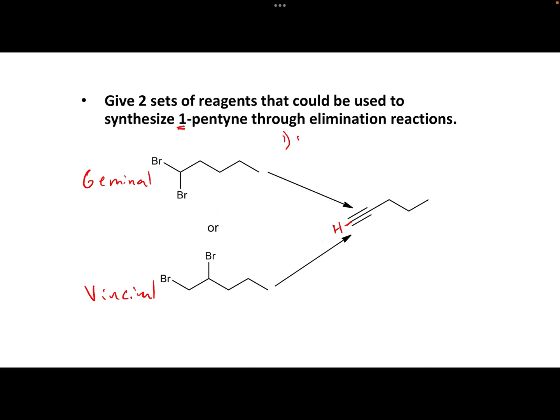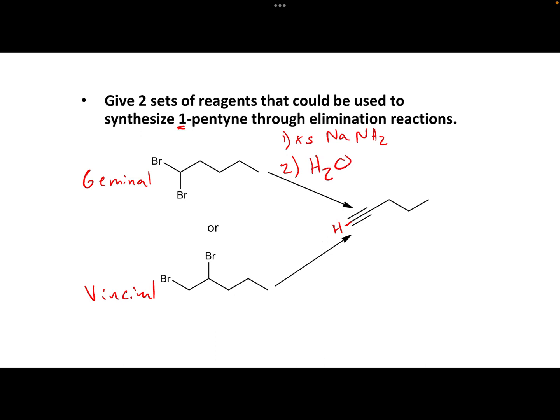So if we use XS, which is how we abbreviate excess in our reagents, sodium amide, we're going to want to also use water to eventually protonate the alkylide anion that we generate by doing this double elimination and a deprotonation step. So that's one of the possible reagents.